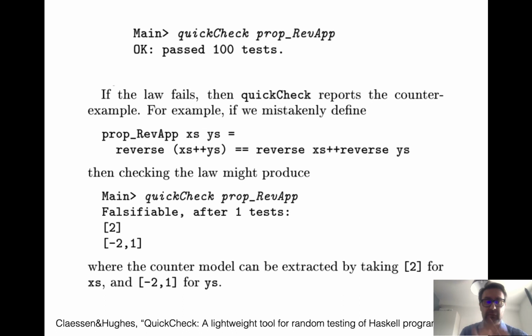So they look at, on the left side in the property rev app, it takes in two sequences again, and it concatenates them and reverses that. But on the right side, you see they forgot to reverse the order, right? So they reverse the first one and then concatenate with the reverse of the second one. So this is actually not a law that we expect to hold.